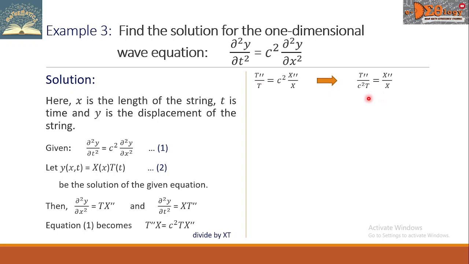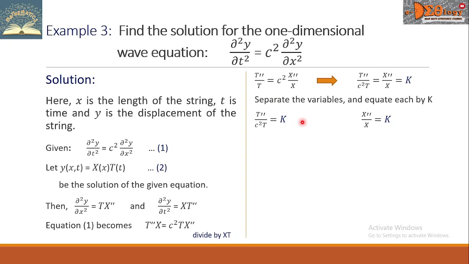So it becomes like this. Now, for this ratio, we're going to equate this into a constant k. Next thing to do is to separate the variables and equate each fraction to k. So the left fraction here becomes T double prime over c squared times T equals k, and the second fraction is X double prime over X equals k.